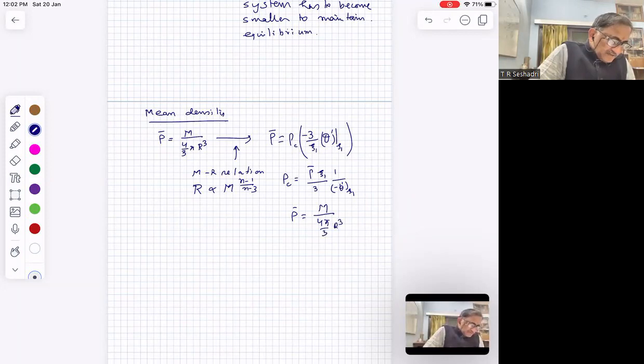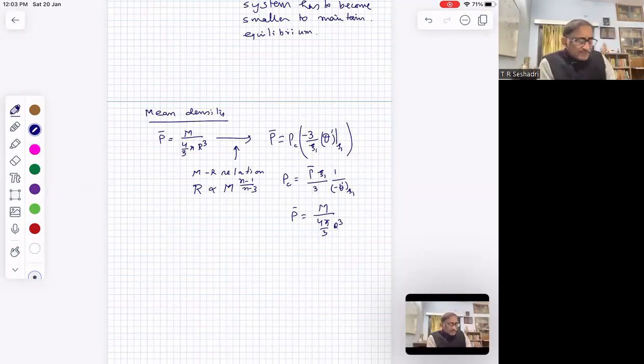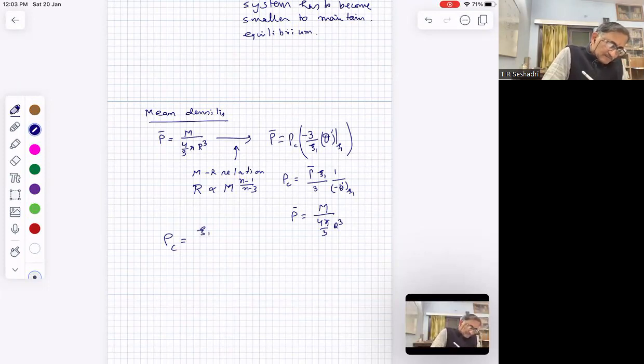And so from here, for a given value of n, I can solve the Lane-Emden equation, find out where theta hits 0, find the derivative of theta at that point, calculate xi1 and theta prime, substitute, and I get rho c equal to xi1 by mod theta prime at xi1 times m by 4 pi r cube.